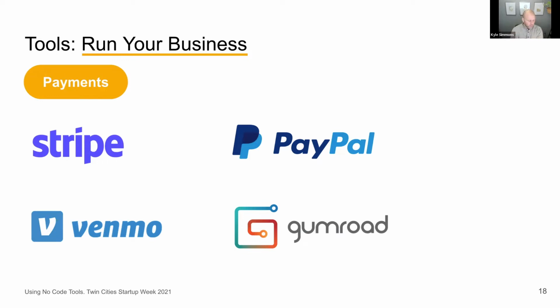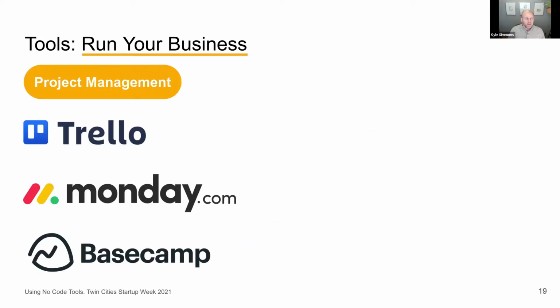Gumroad is a platform if you are selling digital goods. So if you want to sell a poster that you created, Gumroad is a platform that focuses on helping kind of artisans, I think, sell digital goods.